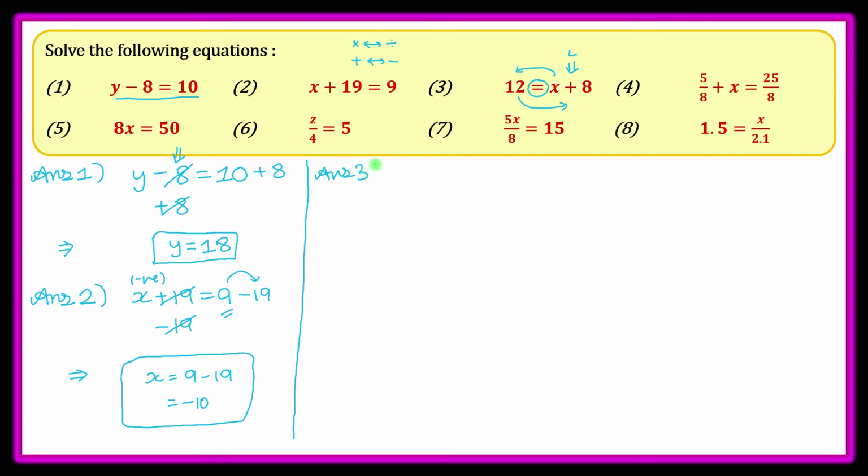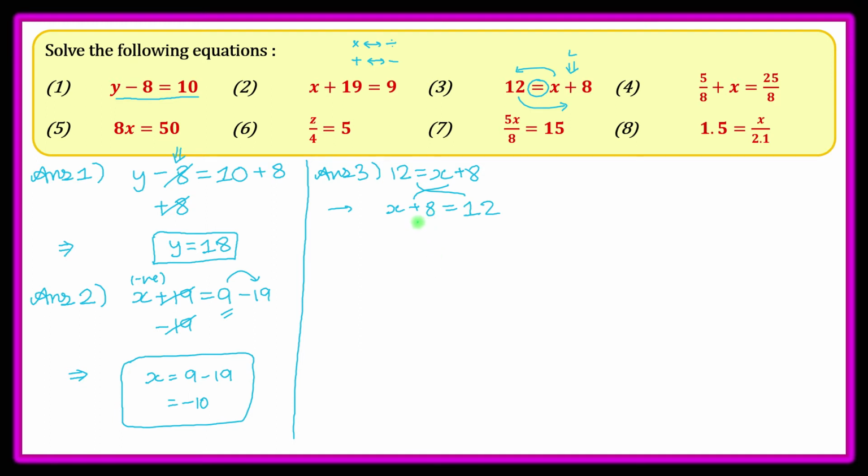So we can write 12 equals x plus 8. Here the plus sign is there, not minus, sorry. So I can write 12 equals x plus 8 as x plus 8 equals 12. I have just swapped the positions of the numbers and the variables.